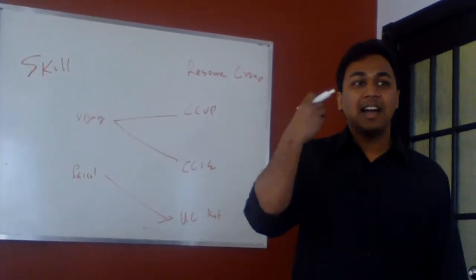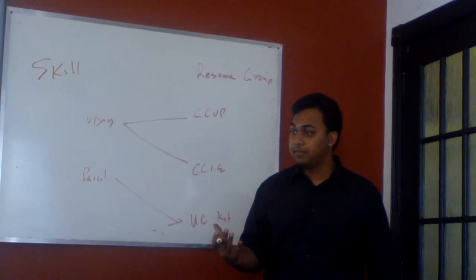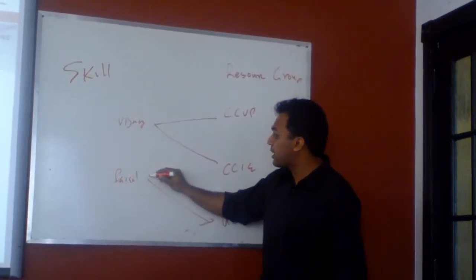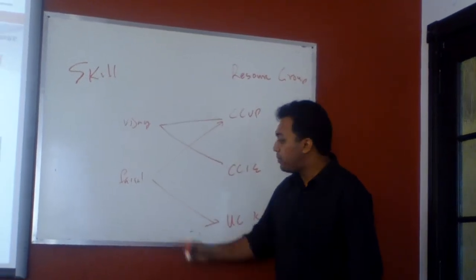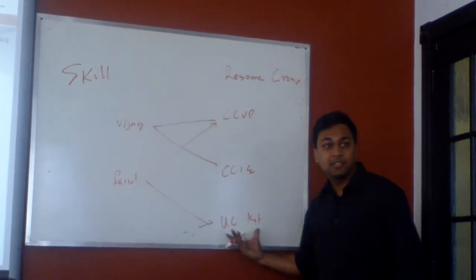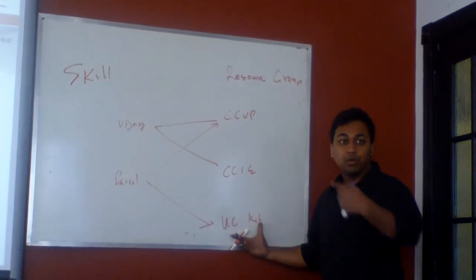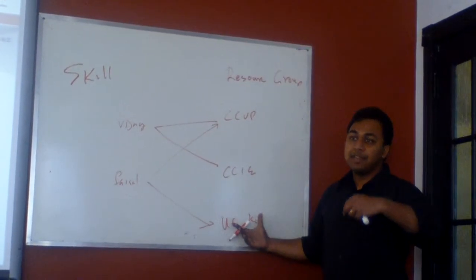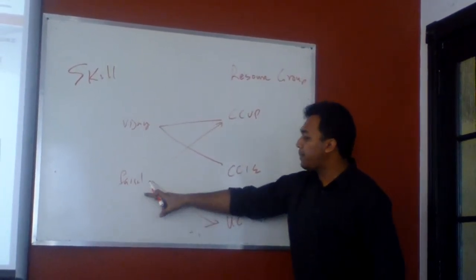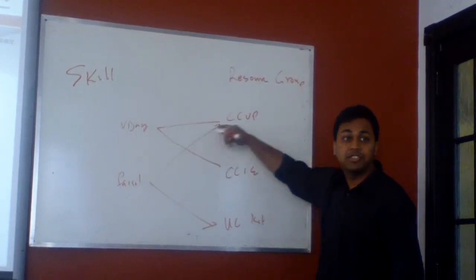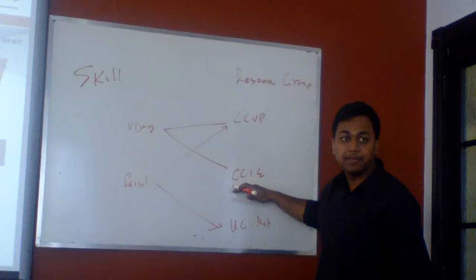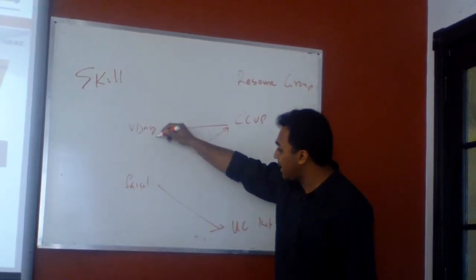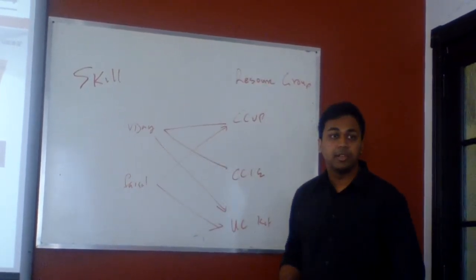But I have some knowledge of CCVP, so maybe I can back up VJ on CCVP. My primary responsibility is EC resource kit, to provide support for that product. But if I'm not busy, I could provide backup support for VJ on CCVP. VJ will be the primary for CCVP and CCIE, and he could act as a backup for EC resource kit.